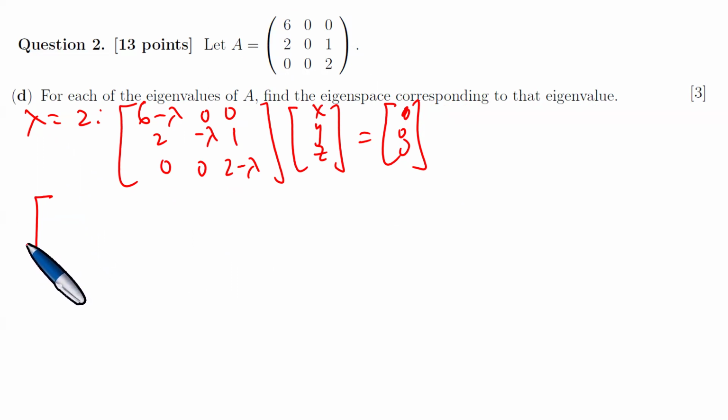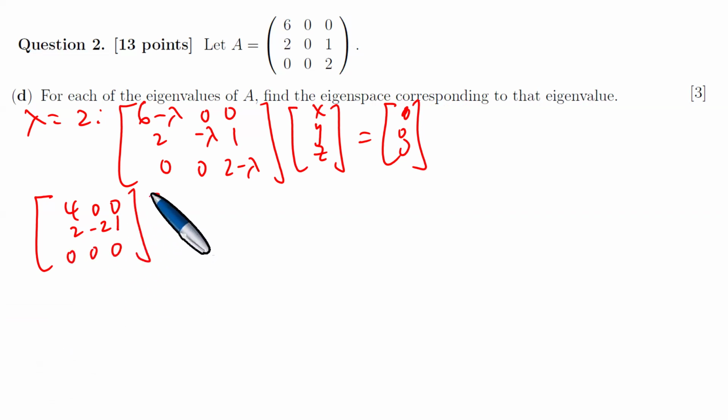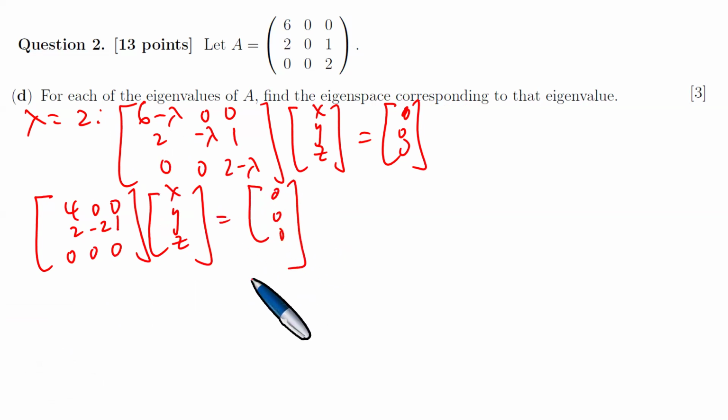If you subtract 2, it's going to be 4. Zero, 0. Just subtracting the 2 here, so this would be 0, 0.